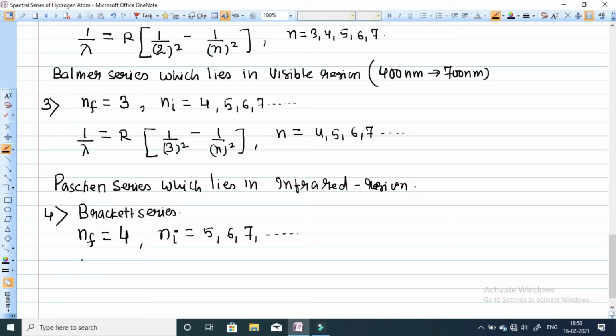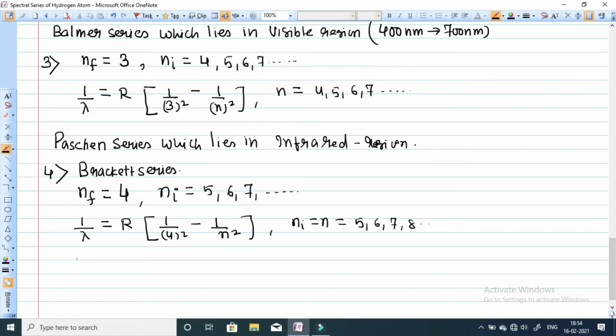The Rydberg formula will change to 1 upon lambda is equal to R into 1 upon 4 square minus 1 upon n square, where n initial is equal to n and its value is 5, 6, 7, 8, 9, like this. This Brackett series also lies in the infrared region.